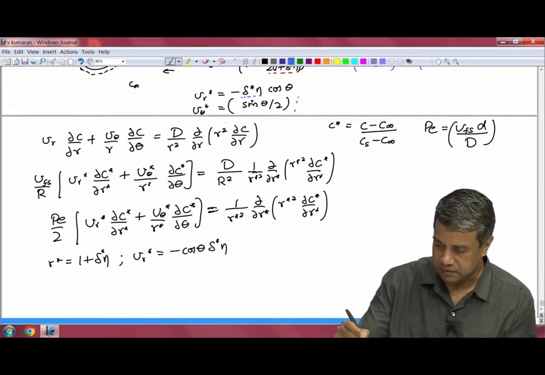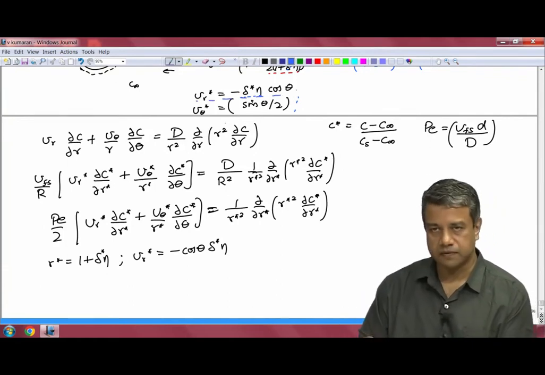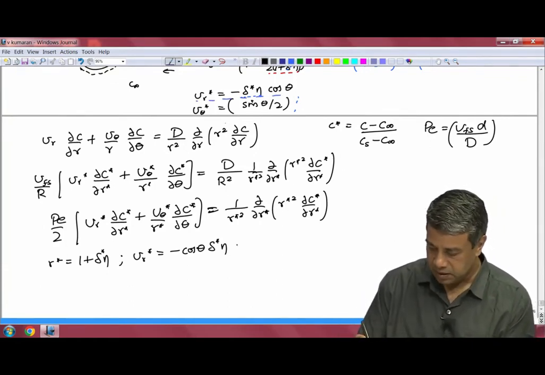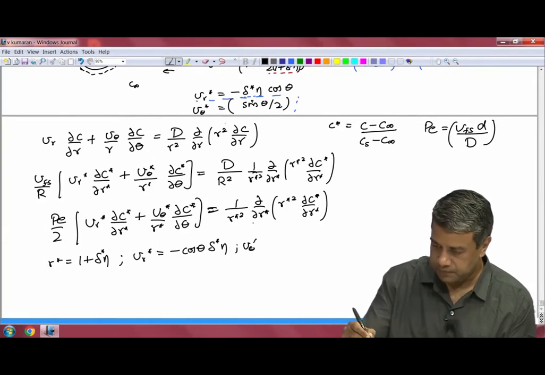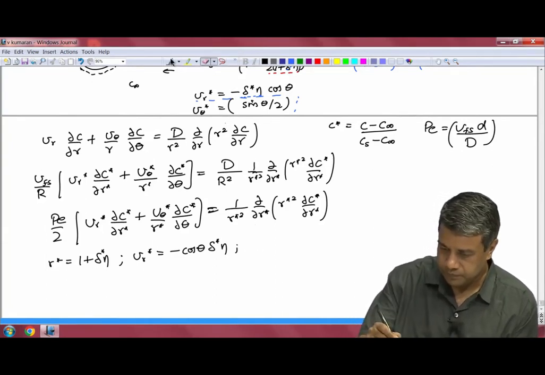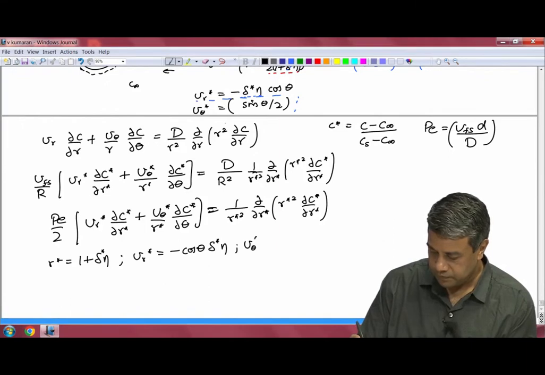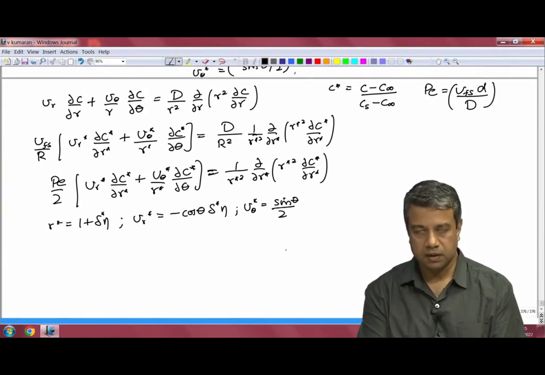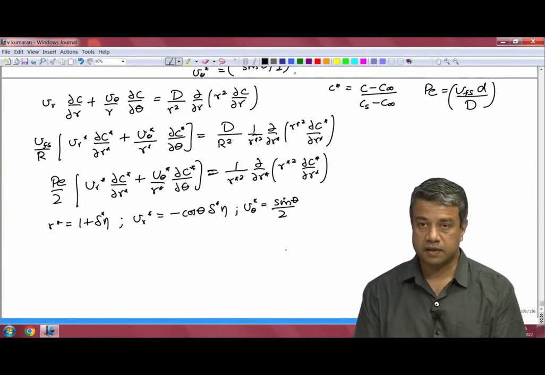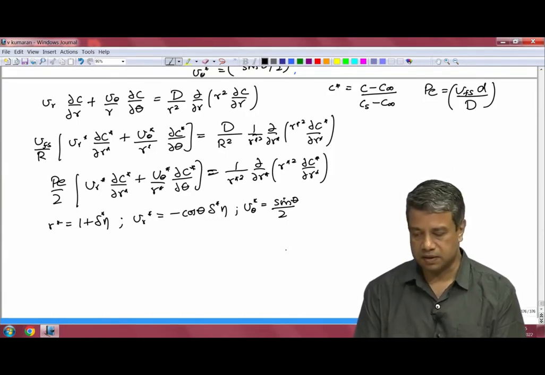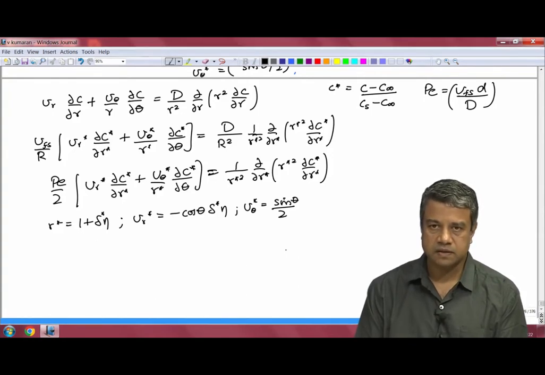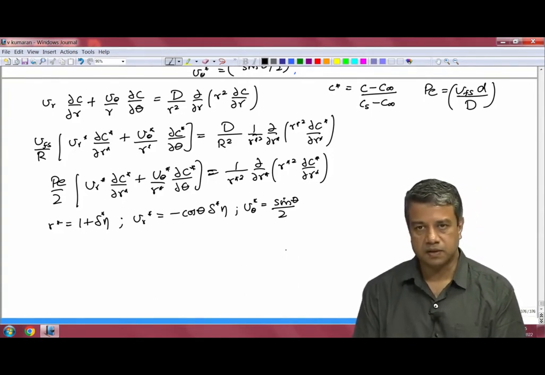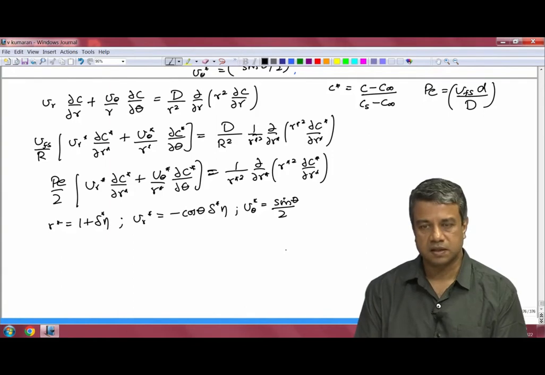We had just derived that over here, the approximation for the velocity field, and V theta star is equal to sin theta by 2, where delta star is a function of the downstream coordinate. In this case, the downstream coordinate is theta.